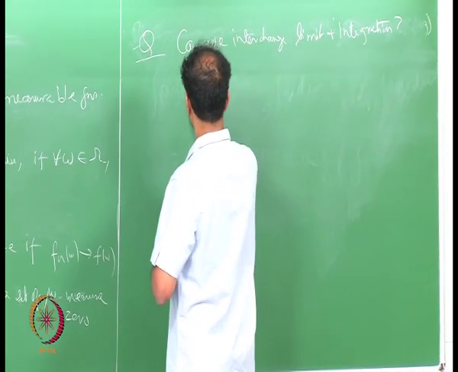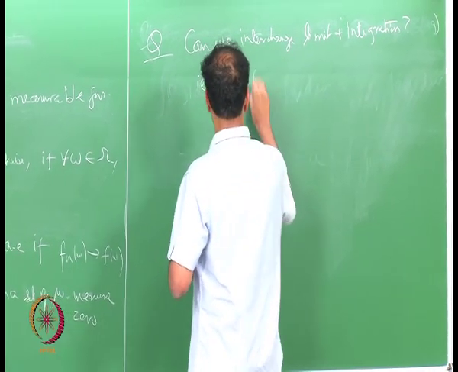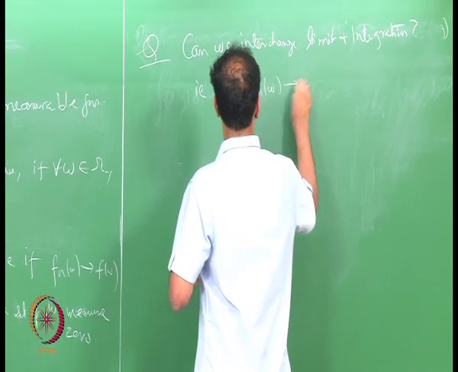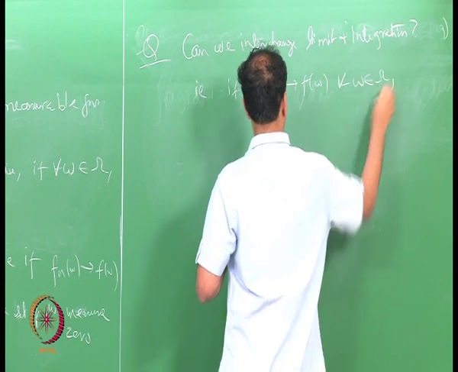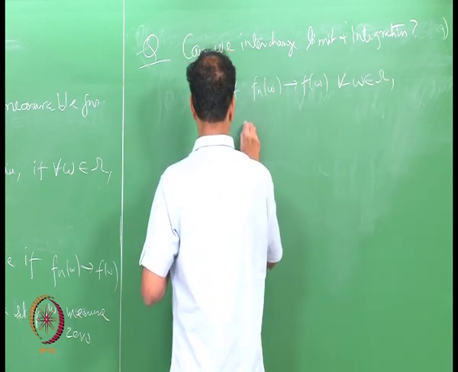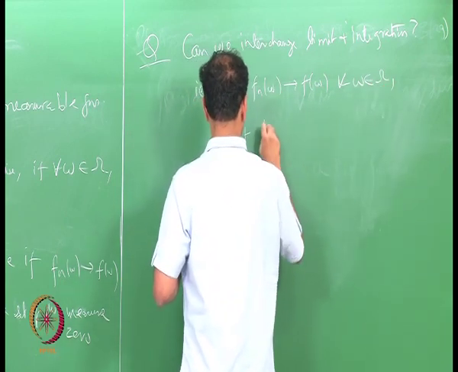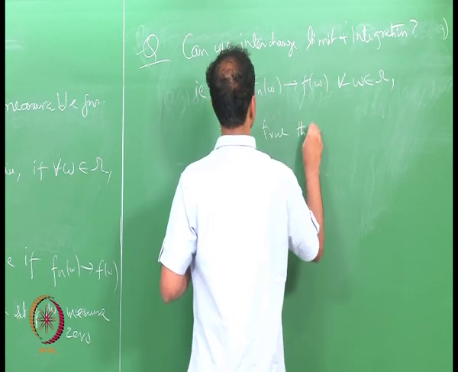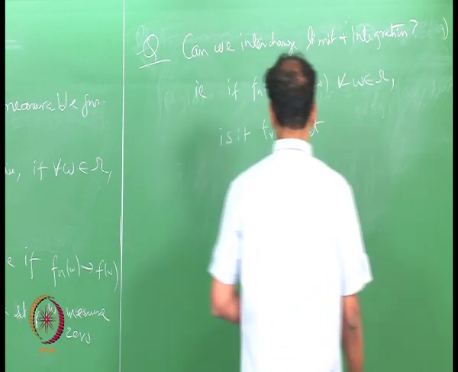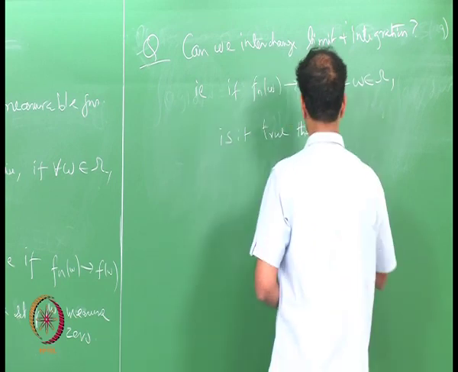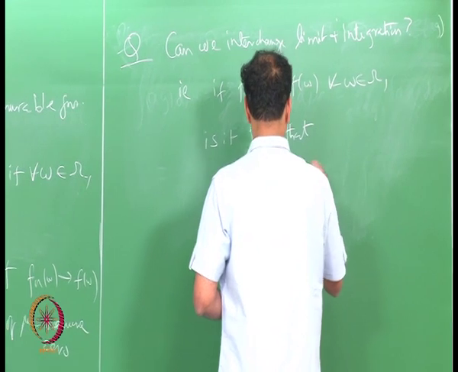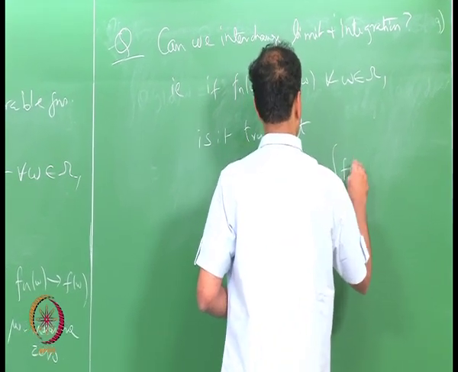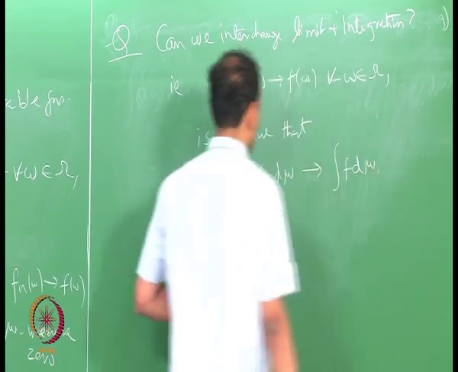If f n of omega converges to f of omega pointwise, is it true that integral f n d mu converges to integral f d mu?